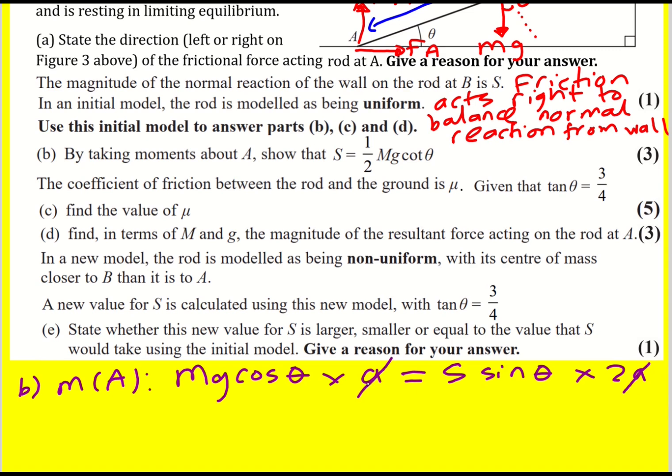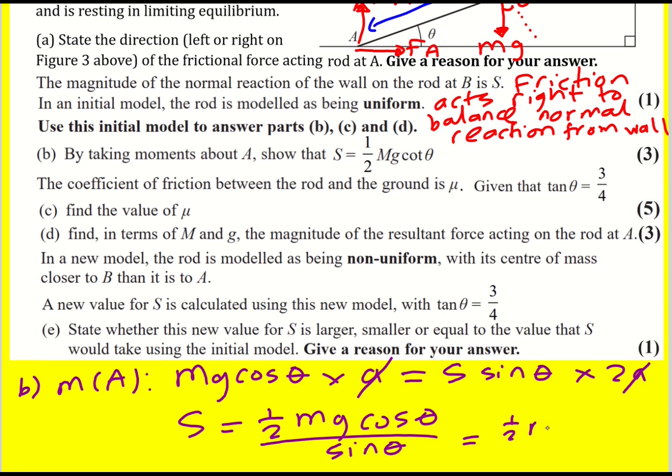I can cancel out the a's. So S is going to equal, dividing by 2, a half mg cos theta over sine theta, which becomes a half mg cot theta.